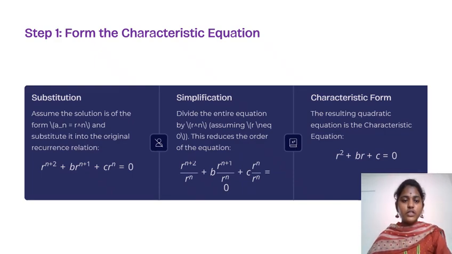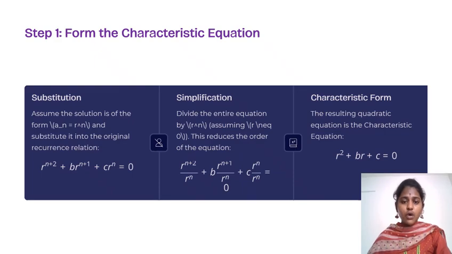Assume the solution is of the form an = r^n and substitute it into the original recurrence relation: r^(n+2) + b r^(n+1) + c r^n = 0. Next, simplification. Divide the entire equation by r^n, assuming r^n is not equal to 0.